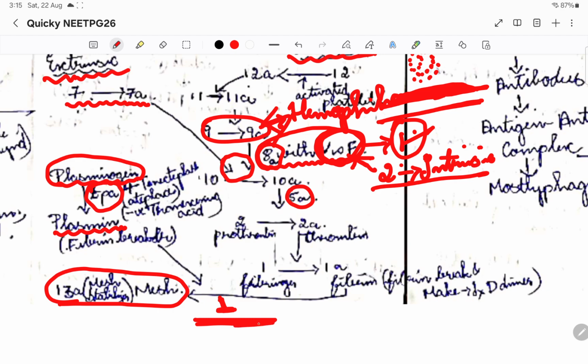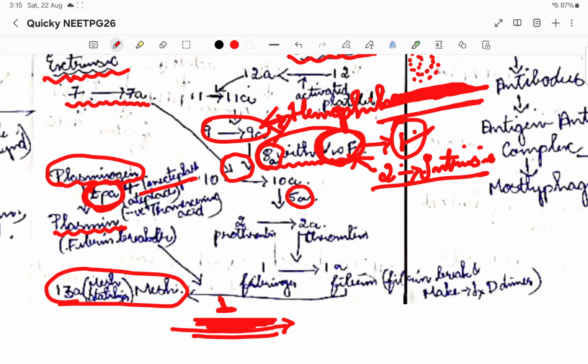If a thrombus is blocking the artery, I go and hammer this entire thing and open up the blood vessel for the blood to flow. That is where I use TPA: tenecteplase, alteplase, and all these things.